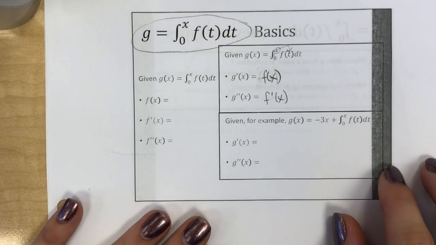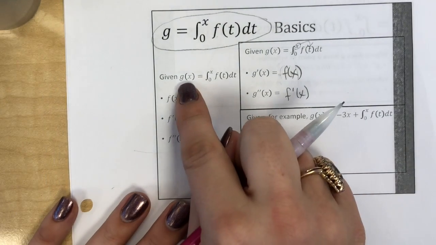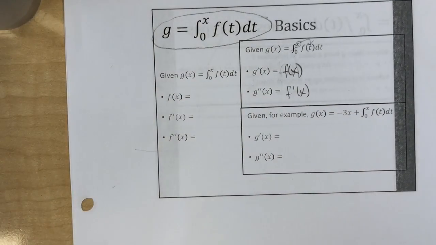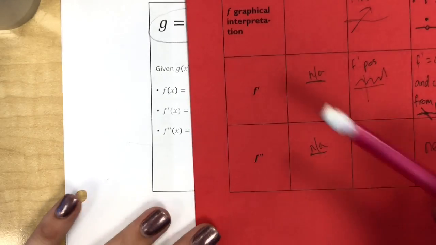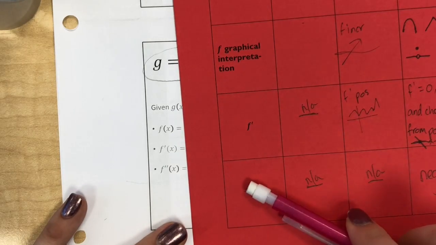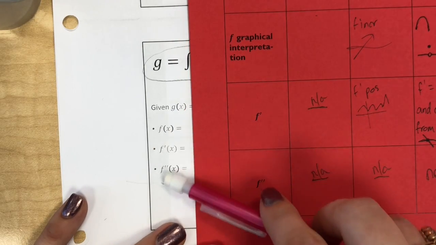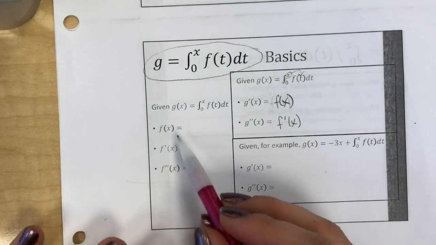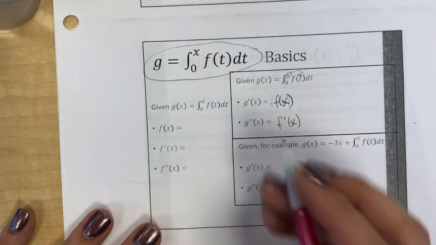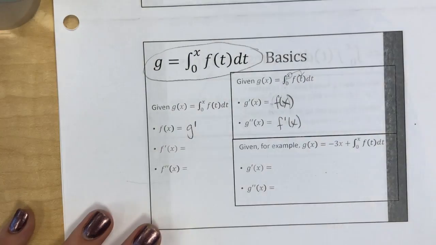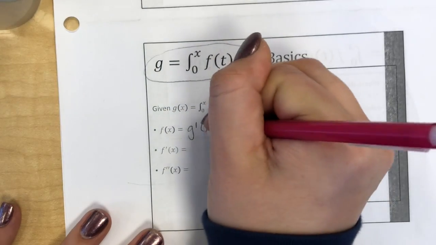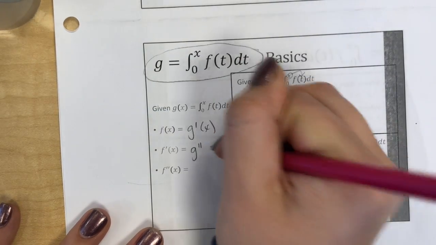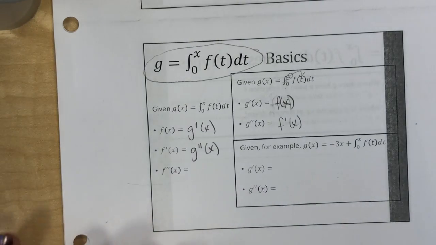So stated in another way, I'm going to compare it. See how on this chart I have f, f prime, and f double prime. So if I want to look at what's f, f prime, and f double prime. So here, f is G prime, and f prime is G double prime. Okay.